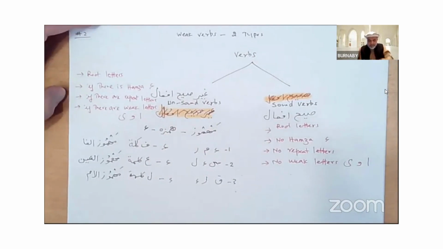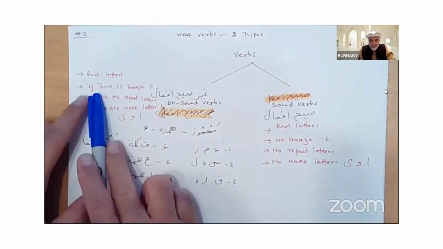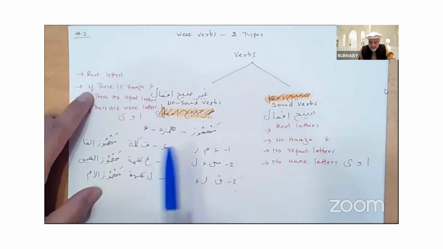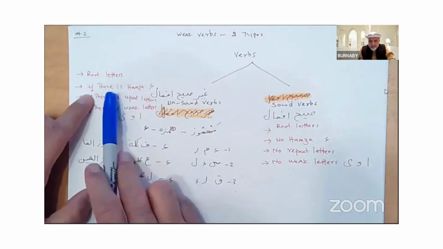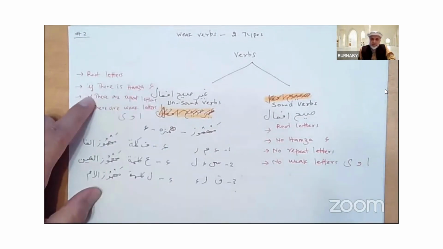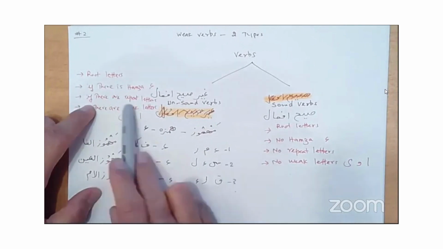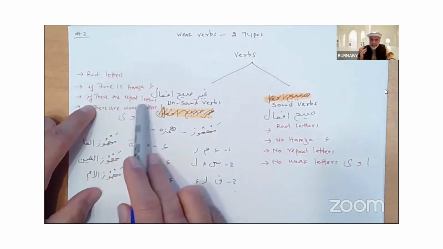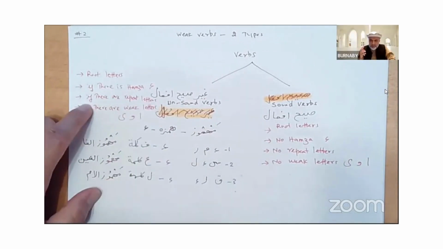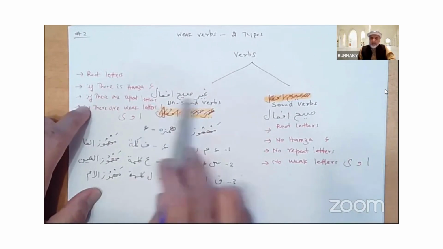How do we recognize that a verb we are dealing with is a ghair sahih? If there is a Hamza in the root letters, then you know that this is a weak verb. Agree? Yes. If two of the letters repeat in the three root letters, then we know that this is an unsound verb.